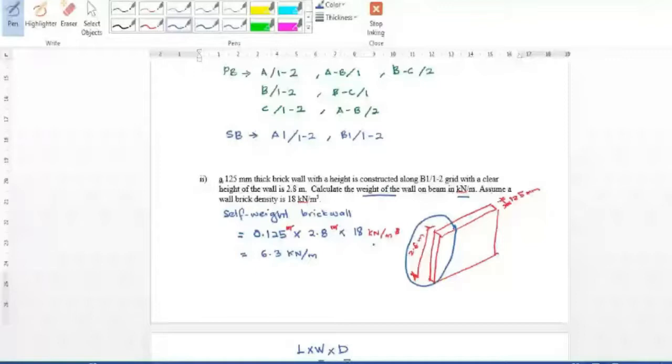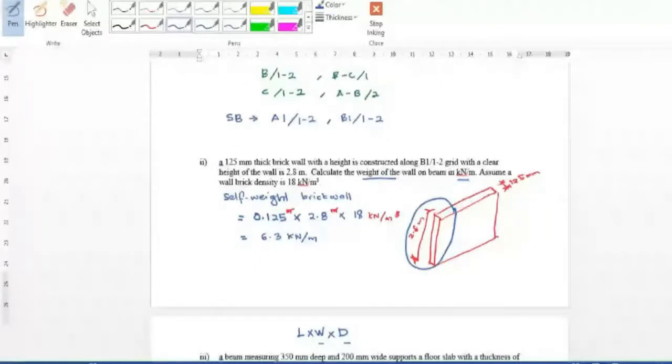So this is the area of cross section, width times depth. Also area of cross section times density to find out the self weight. Okay, please remember it.